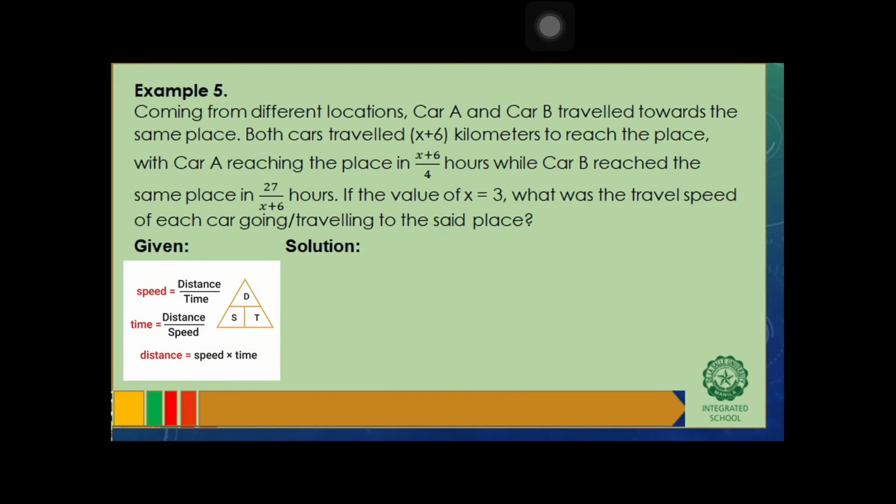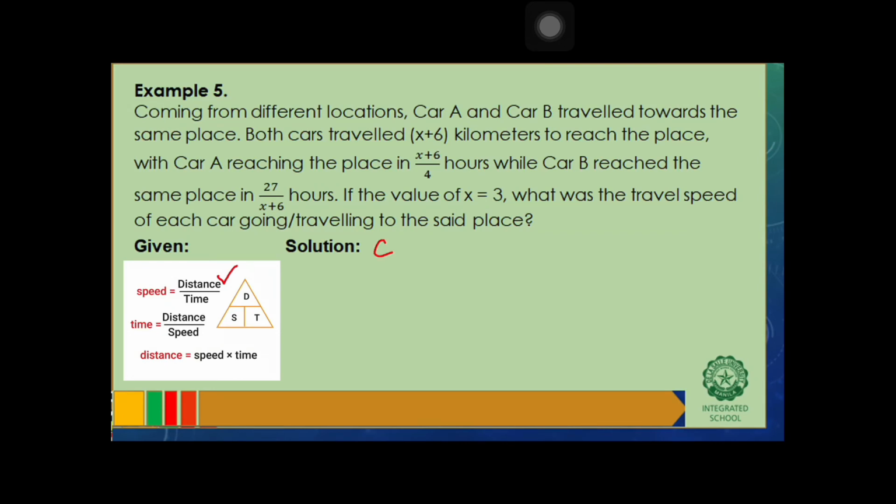For the speed, you have distance over time. Time is equal to distance over speed. And lastly, distance is equal to speed multiplied by the time. For this problem, since we are looking for the speed, we need to focus on this formula: speed is equal to distance over time. So we will be solving the travel speed of both cars.